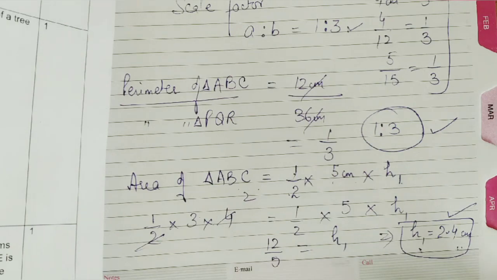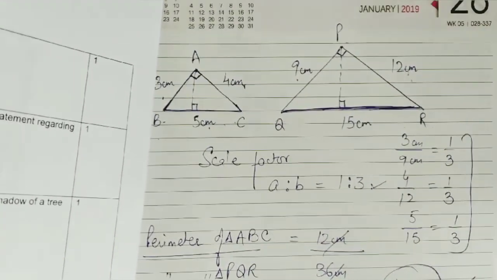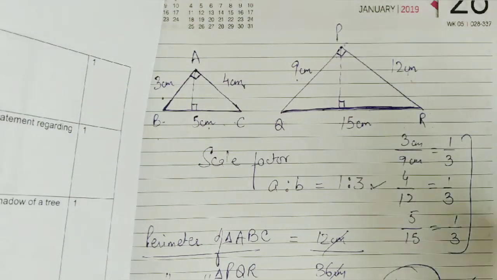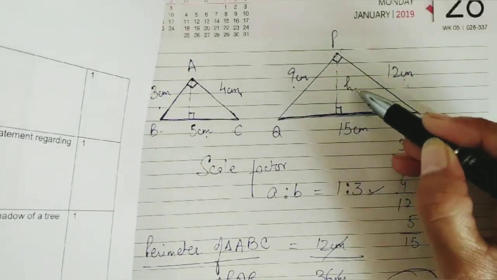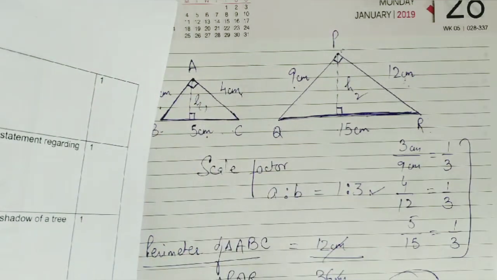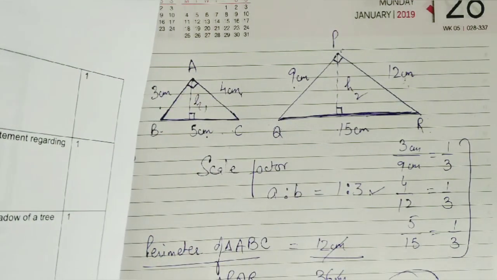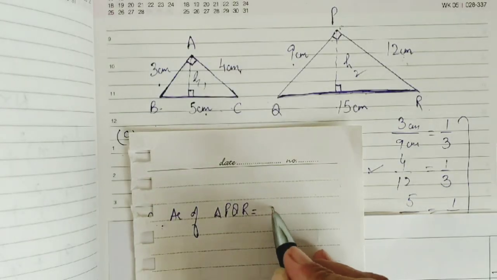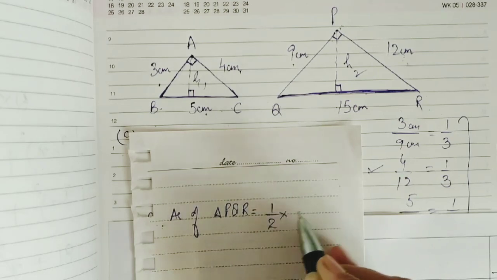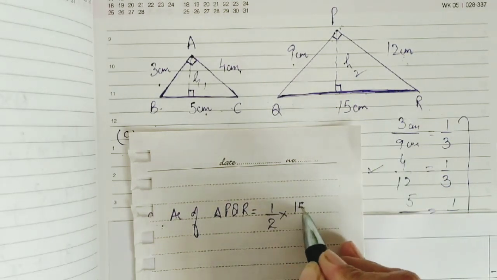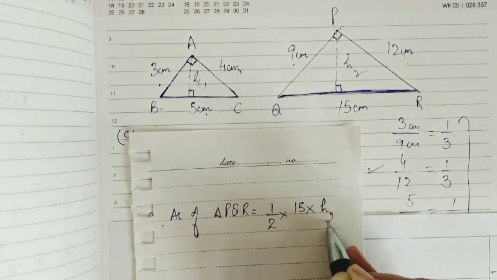Similarly, in this case we would find the altitude h2. I'll mark this as h2. h1 is found, h2 we would find now. For triangle PQR, the area of the triangle would also be half into base, which is 15, into height, which is h2.